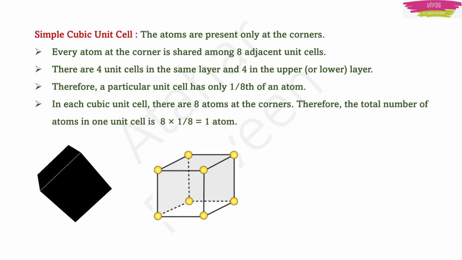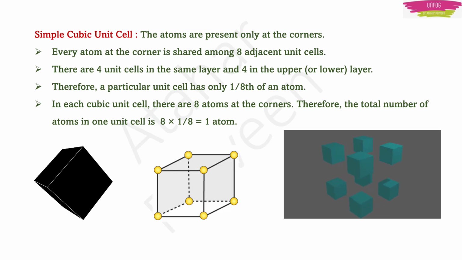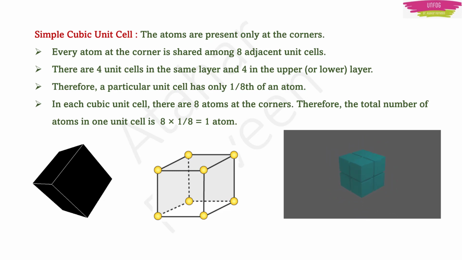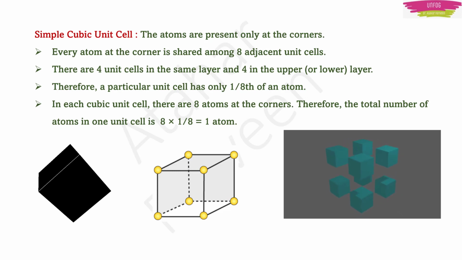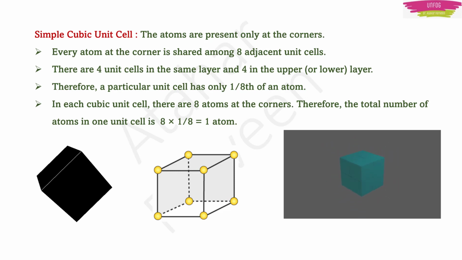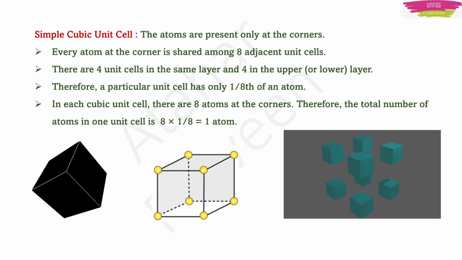Now, the twist is that every atom at the corner is shared among 8 adjacent unit cells. So, this is very interesting. See, this unit cell is made up of 8 atoms which are present at the corners, but each atom is shared by 8 neighboring unit cells.